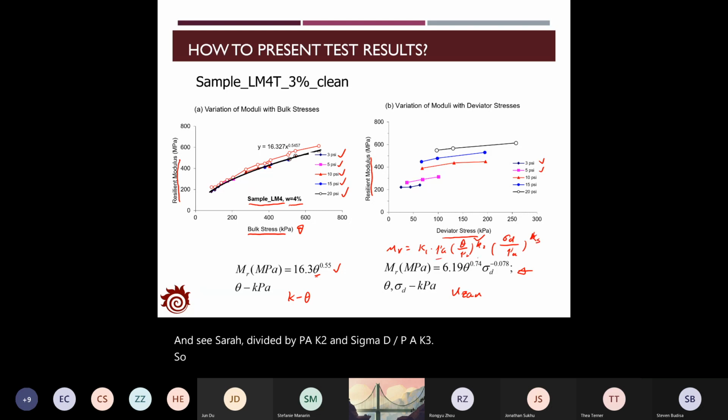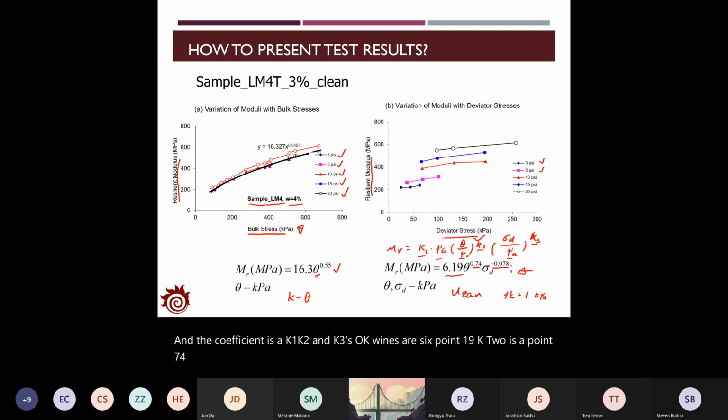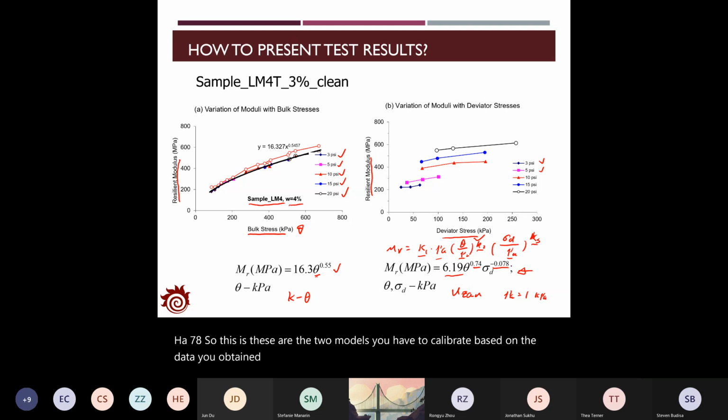Here PA, the constant, is 1 kilopascal, and the coefficients are K1, K2, and K3. So K1 is 6.19, K2 is 0.74, and K3 is minus 0.078. So these are the two models you have to calibrate based on the data you obtained from the experiment.